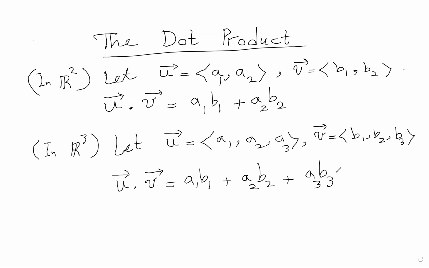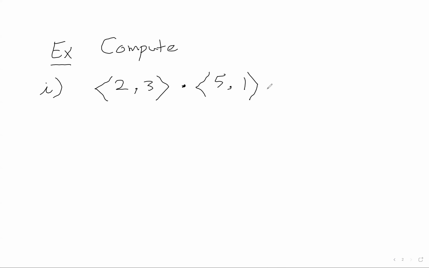So let's see some examples to clarify this. Example: compute these dot products. The first part, suppose I want to compute the vector 2, 3 dot vector 5, 1.